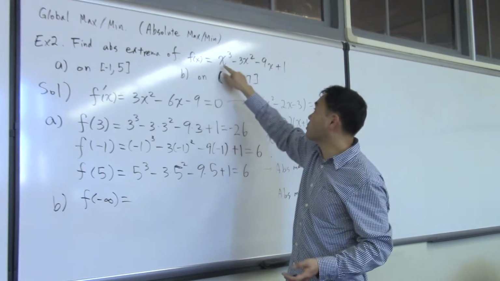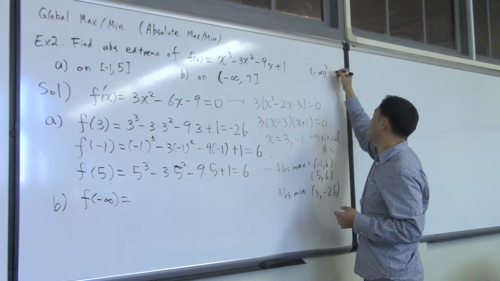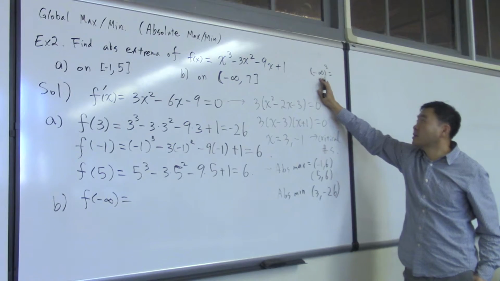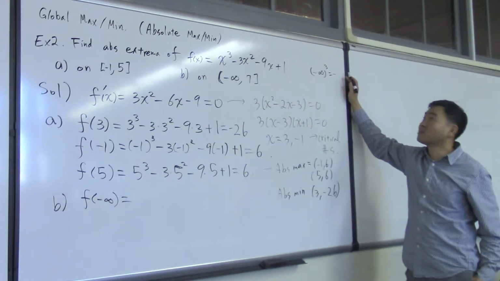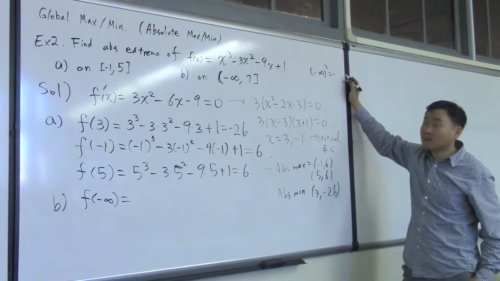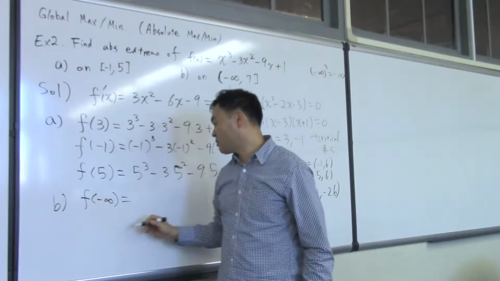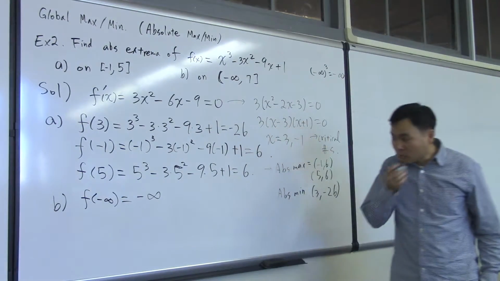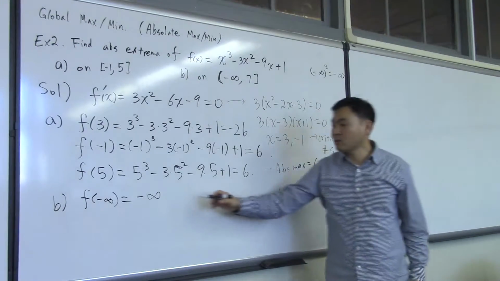So let's think about this. What is negative infinity to the cube? First, is this plus or minus? Minus. And is it a minus of a small number or a huge number? Huge number. So what will you get? Negative infinity. So you can say that f of negative infinity is negative infinity. In pre-calculus, you learned this as end behavior.